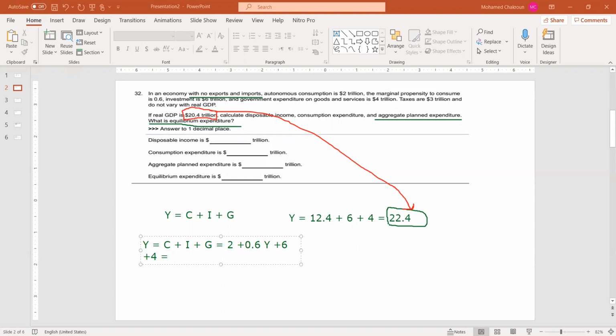So it's equal to 8, so it's equal to 12 plus 0.6 Y.